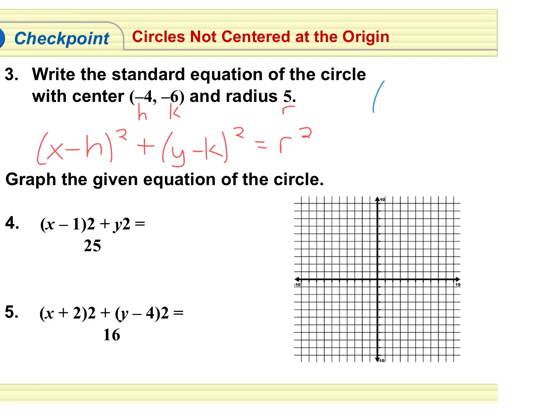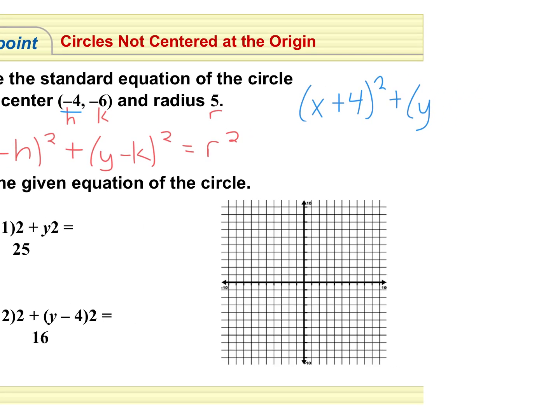Yes. What's the trick when plugging in h and k? Flip them to their opposite. The opposite of negative 4 is positive 4 squared. The opposite of negative 6 is positive 6 squared equals, and r was 5 squared, which is 25.